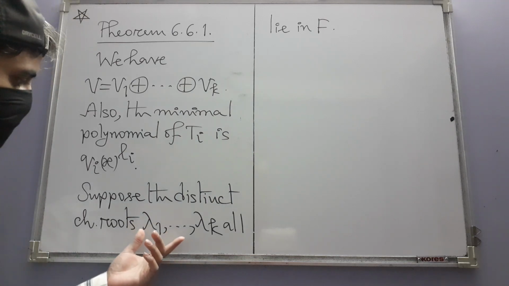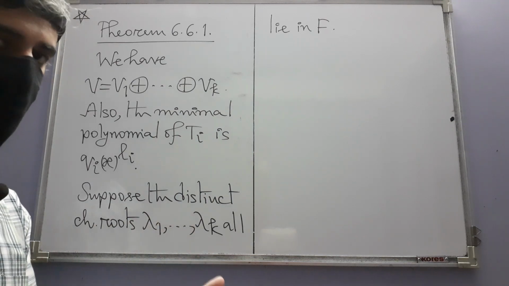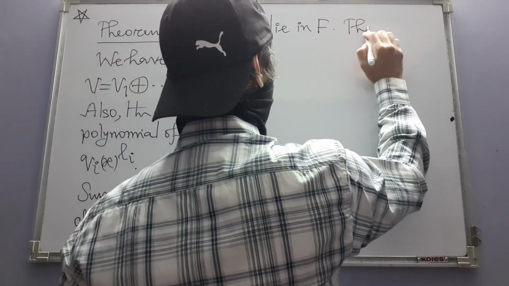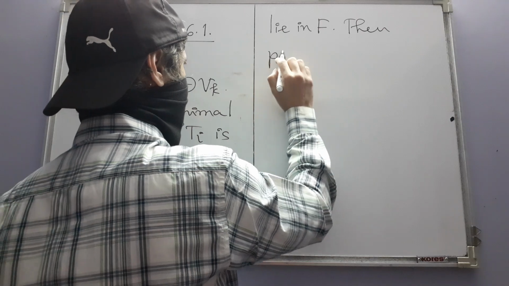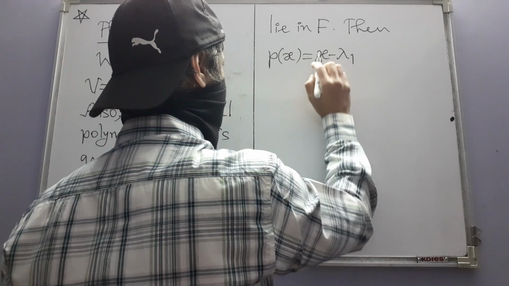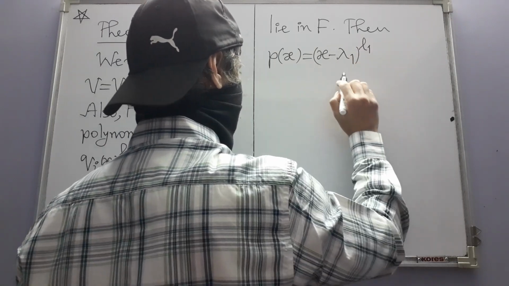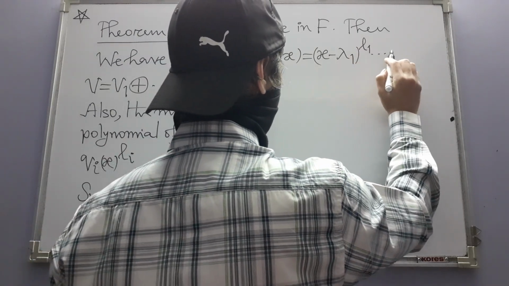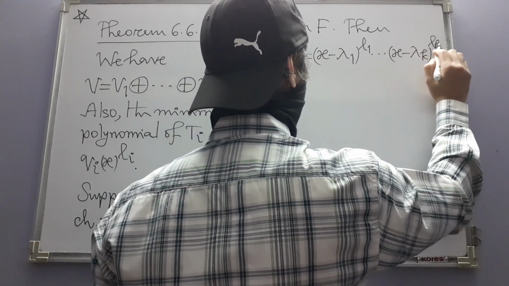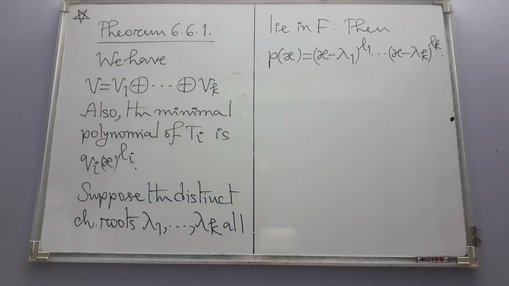It will be in terms of these characteristic roots, and it will be a very simple factorization. Then, and this is what it will be: (x minus lambda_1) to the power L_1, then times (x minus lambda_2) to the power L_2. That's how it will go. And finally, we are going to have this. So then what form will this theorem take? And we will now have a corollary based on this special situation. So let's see the corollary.